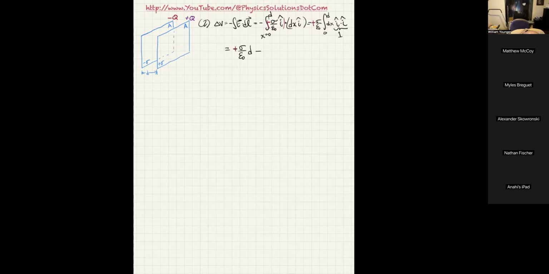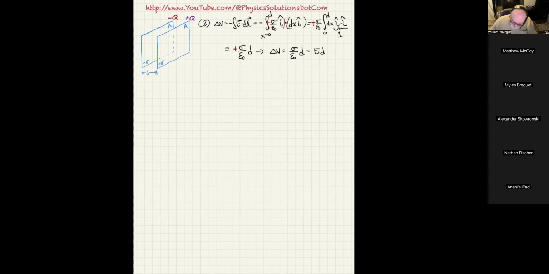So that means delta V is actually equal to sigma over epsilon naught times D, but you could also write that as E times D, because then it would look like exactly the result we found in chapter 21, where we were using the case where the electric field was a constant, and the voltage difference when the electric field's a constant is just the magnitude of the electric field times the distance between them.